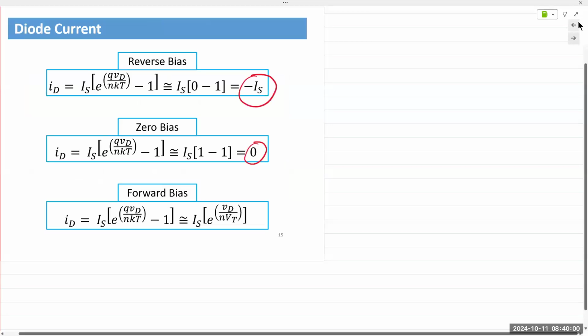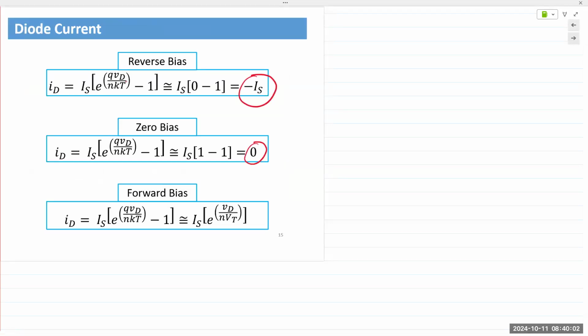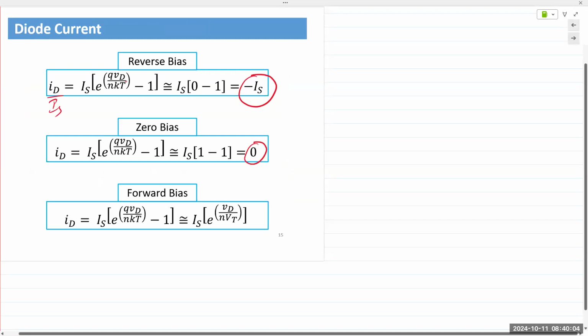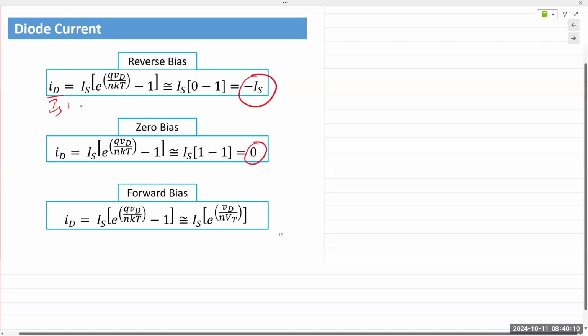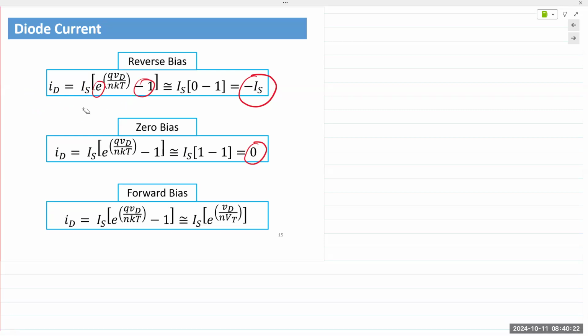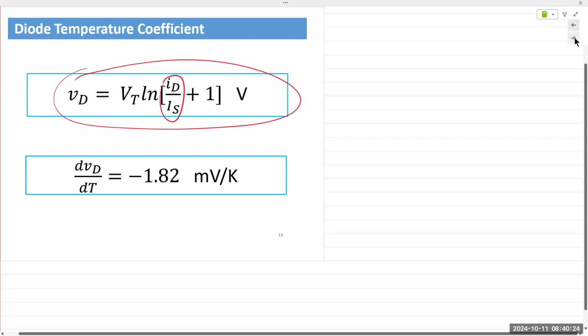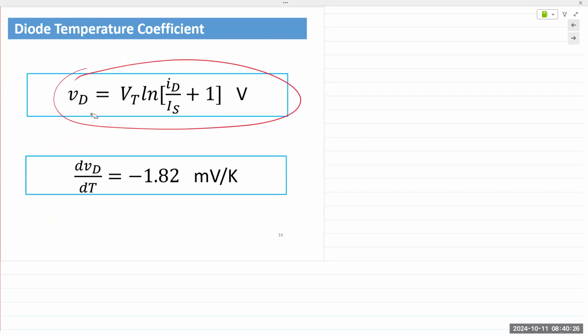It becomes ID over IS, and then you take the 1 on this side, so it becomes plus 1. And then we get rid of the exponent by taking the log of the whole thing. So you're simply rearranging the terms of the current equation to obtain the diode voltage equation.